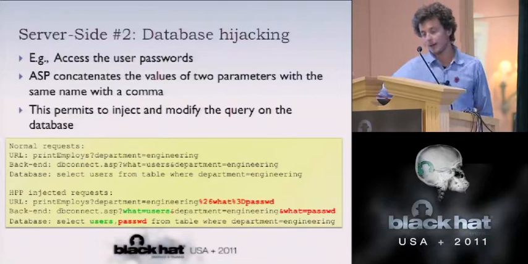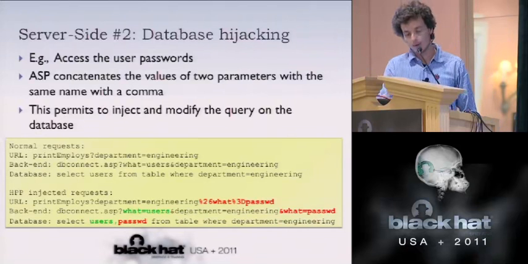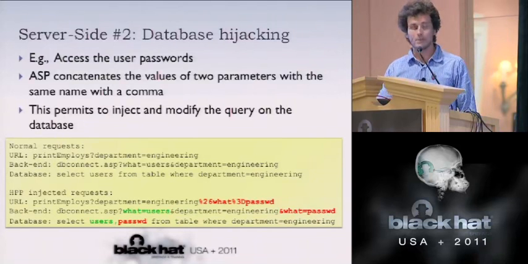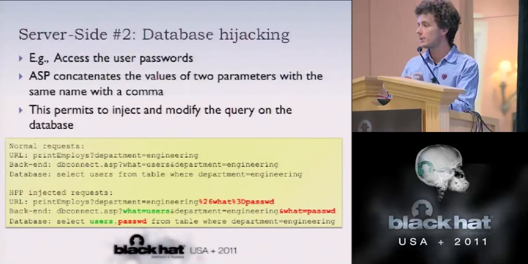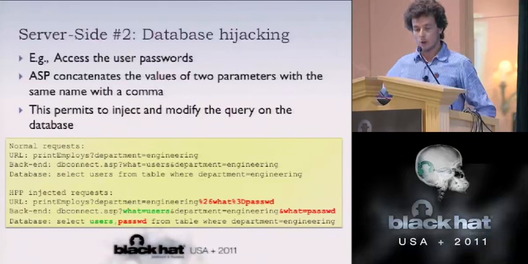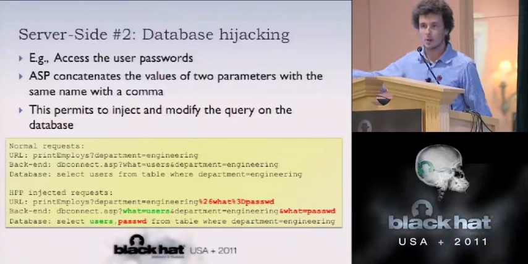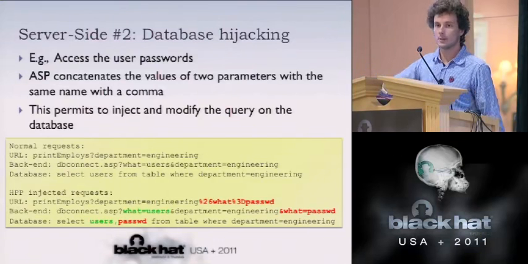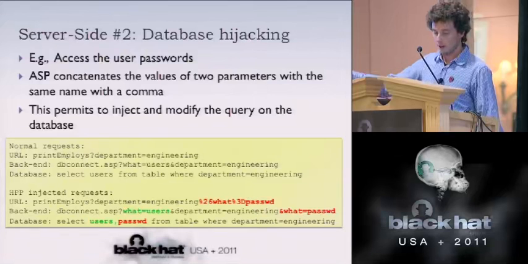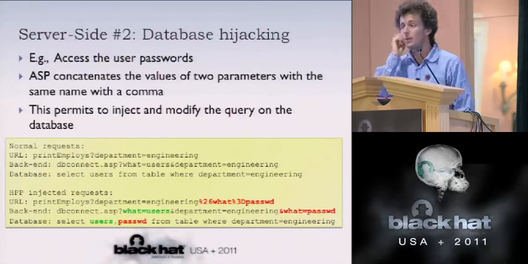Because the attacker has been able to inject a second parameter called what, and in this case the application is ASP, and in ASP, as I showed you before, when you have two parameters with the same name, the values of these two parameters get concatenated with a comma. So in this example, the attacker would be able to get not only the list of colleagues of the engineering department, but also the list of passwords for these users.